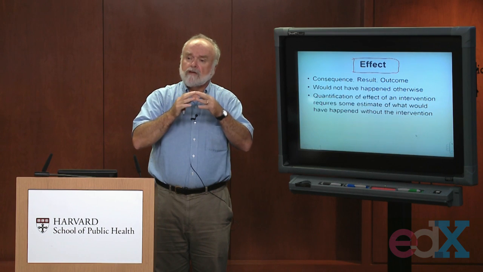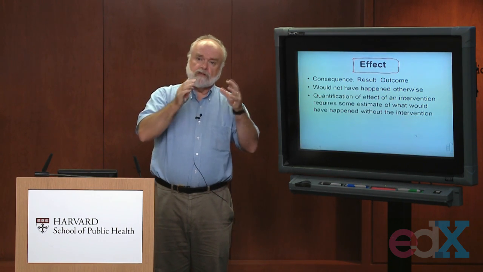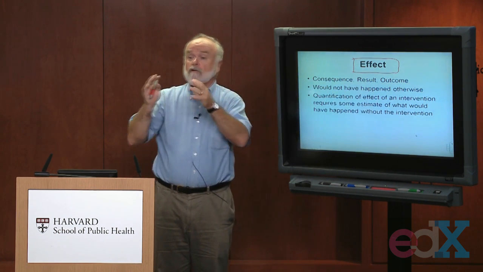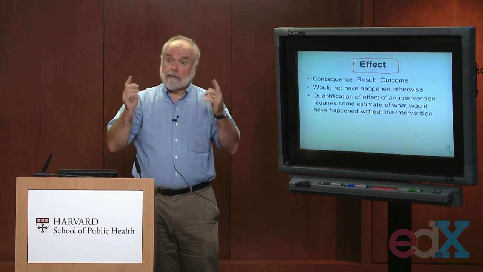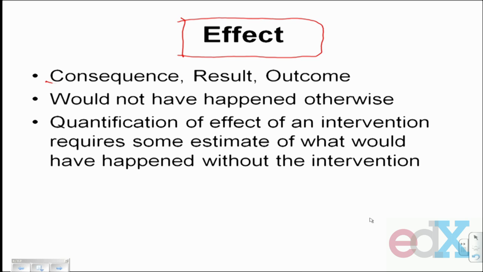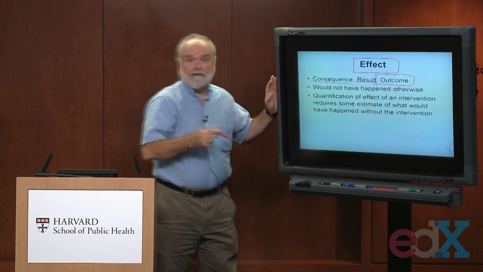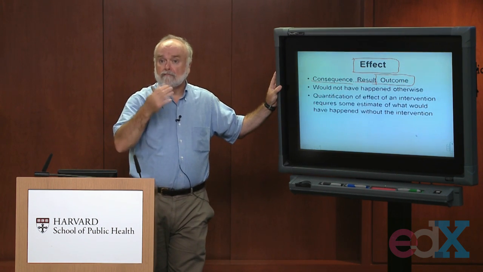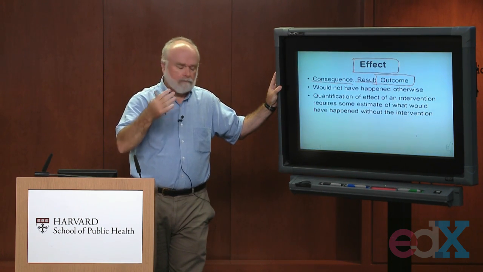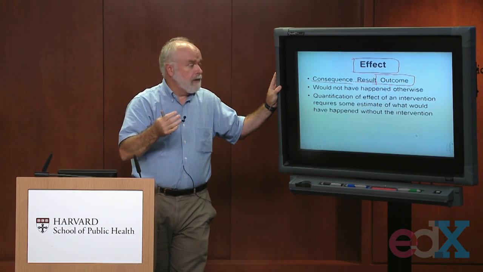In both cases, we're looking at effects. What influence does one factor have on the occurrence of another factor? So conceptually, effects deal with consequences of a risk factor, or the result or the impact of a risk factor. We've been referring to those as the outcome of this particular risk factor. What does it cause? What does it bring about in a group of people?